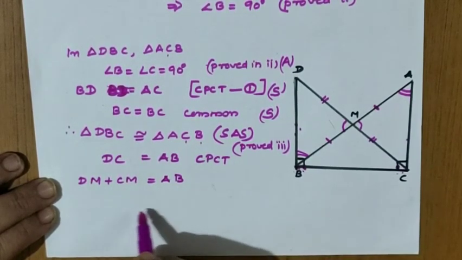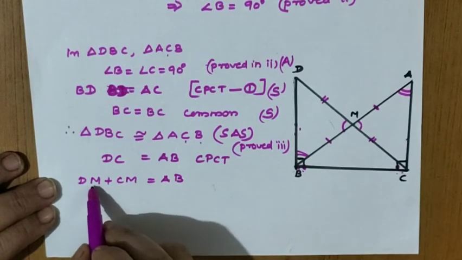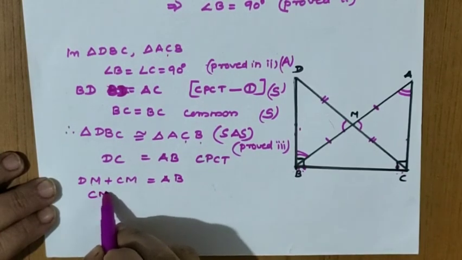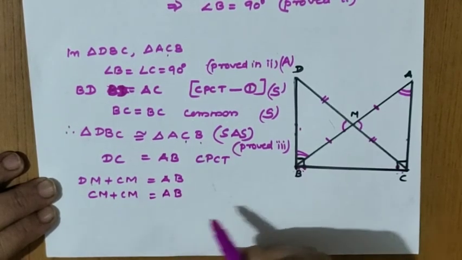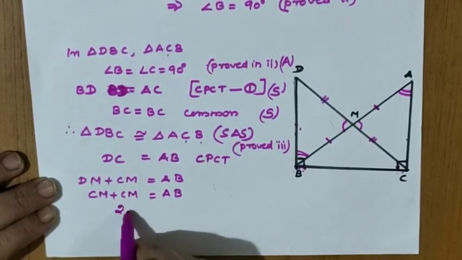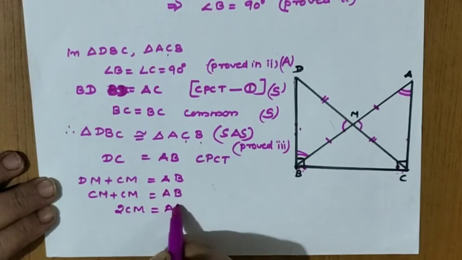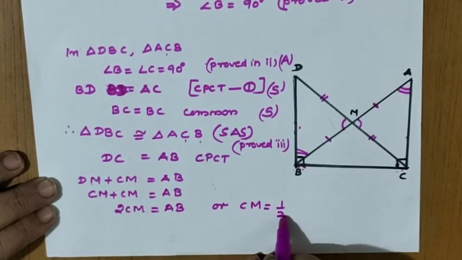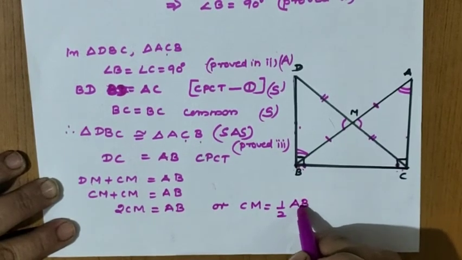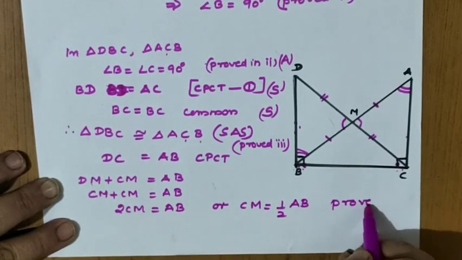DM and CM are equal, so I replace DM as CM only, so equal to AB. Now how many times CM is there? 2CM equal to AB, or what we can write, CM equal to half AB. So proved fourth part. It is a lengthy proof only.